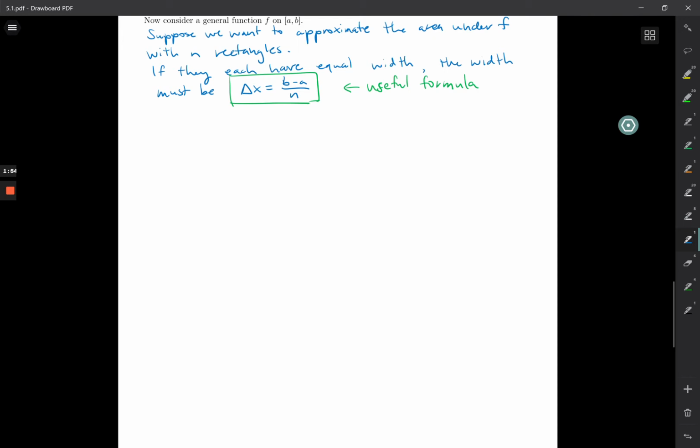We can still use the same process by first writing down the endpoints and then just choosing, say, the left-hand endpoint if we want to do a left-hand approximation, or the right-hand endpoint, or we don't even have to choose an endpoint. So we'll see in a second.